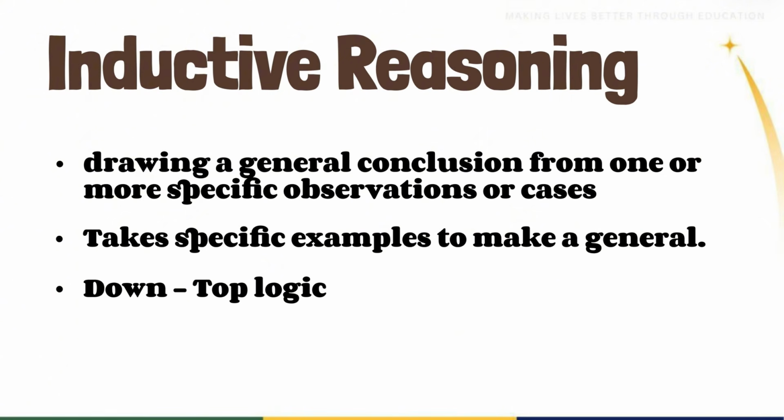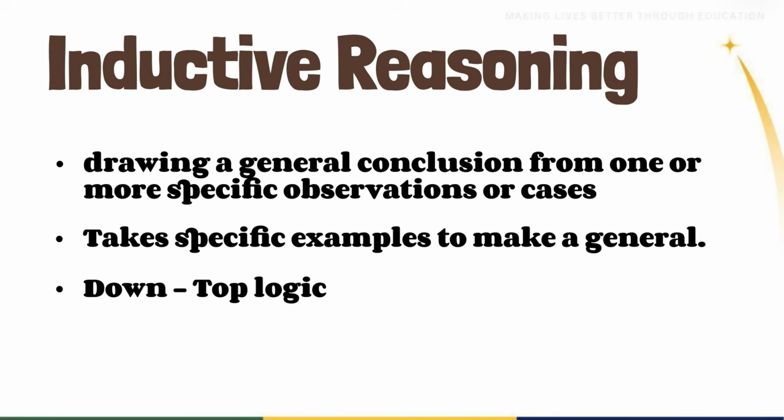Let's move on to inductive reasoning. Inductive reasoning works in the opposite direction of deductive reasoning. Instead of starting with a general rule, we start with specific observations or examples. Then based on those observations, we form a general conclusion. So the direction is specific to general.